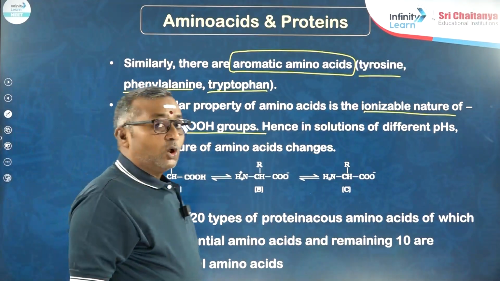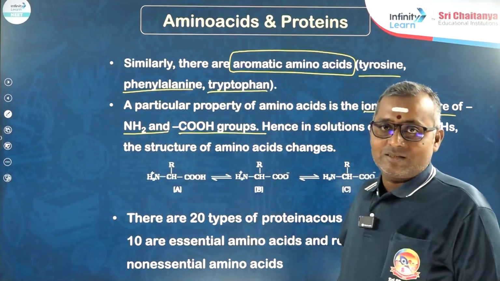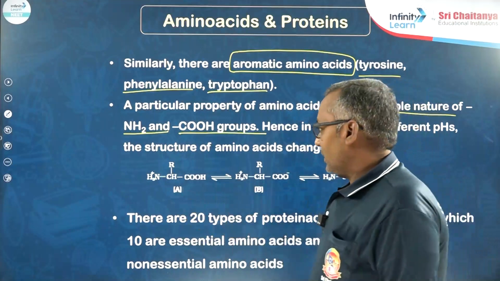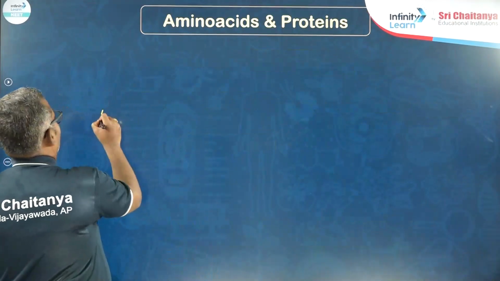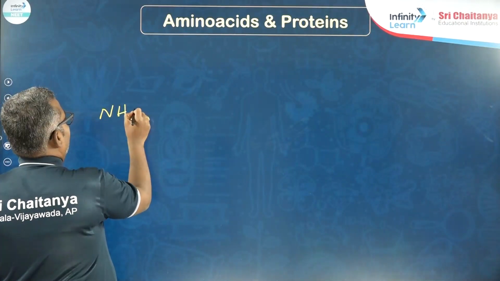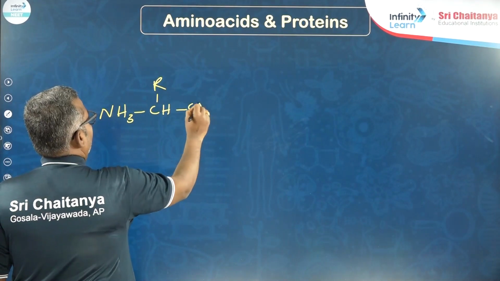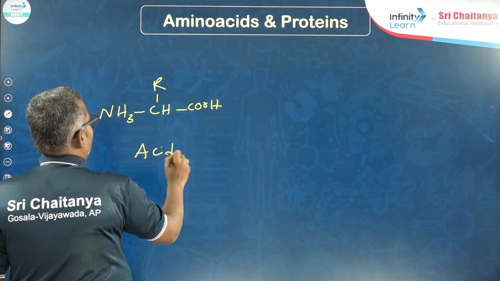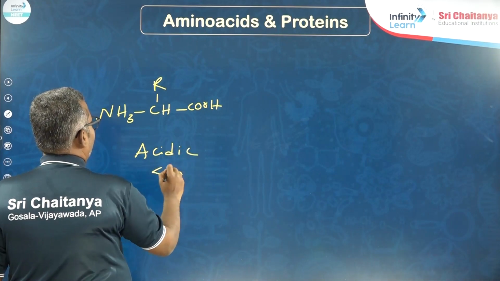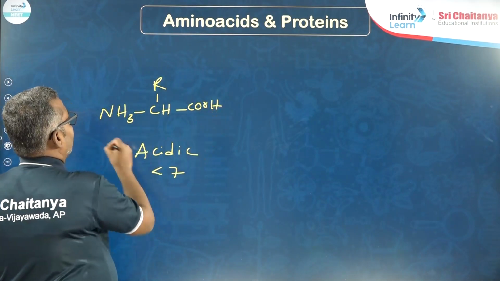Therefore, in solutions of different pH, the structure of amino acids changes. For example, if an amino acid is kept in an acidic solution, say pH less than 7, then you will get this kind of structure.